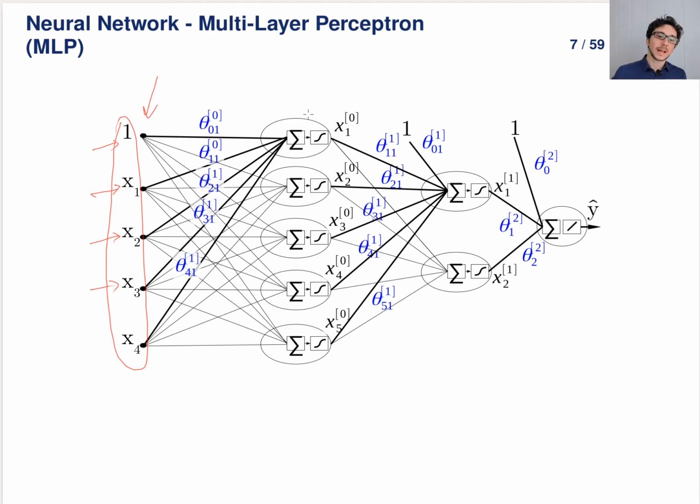Then we have neurons that are structures like this. Each neuron takes as input some parameters, also called weights.